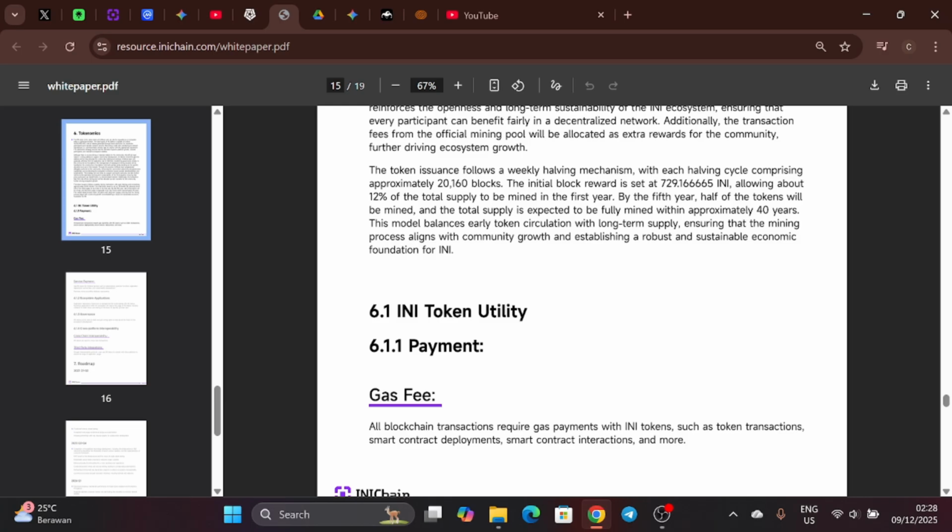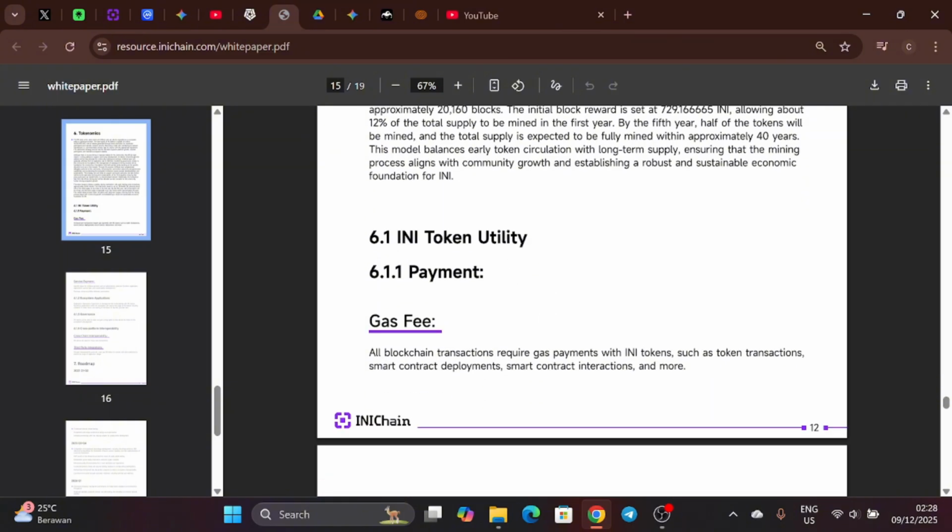Okay, it's a very clear explanation. 6.1 INI token utility. Like I mentioned in the previous video, we just have to understand the utility.